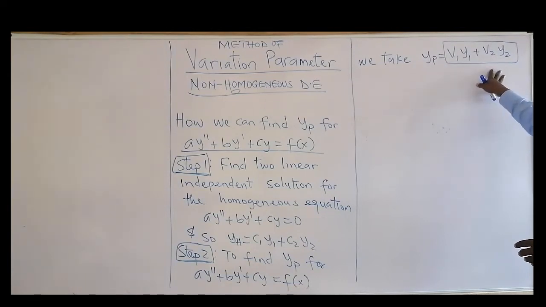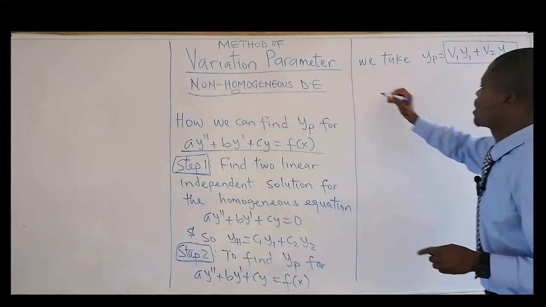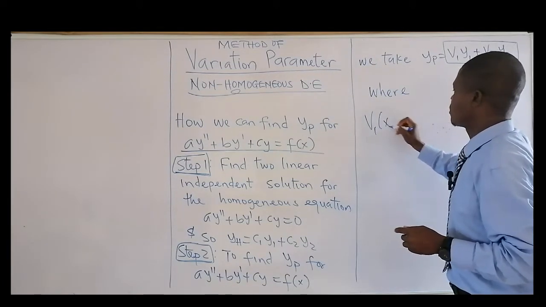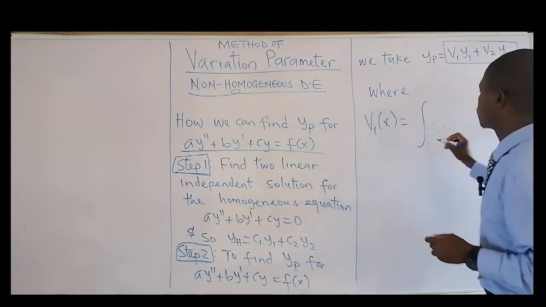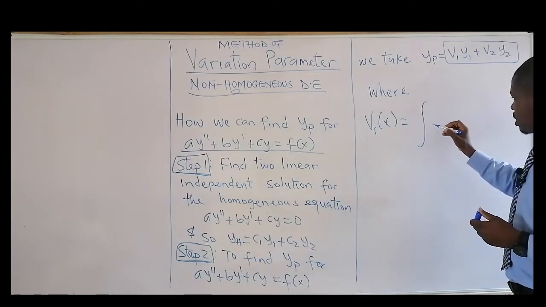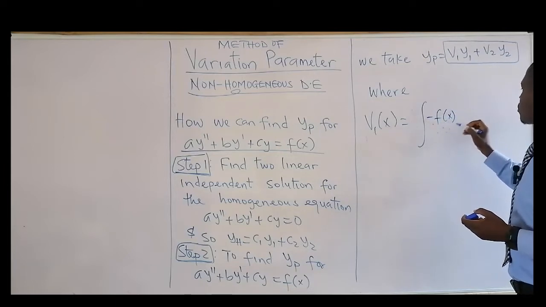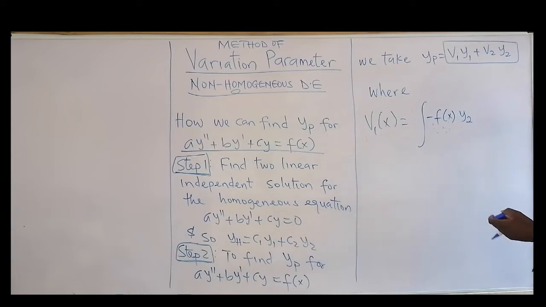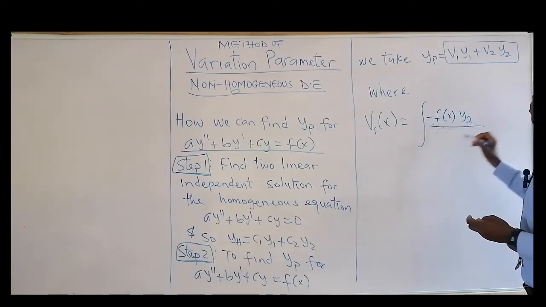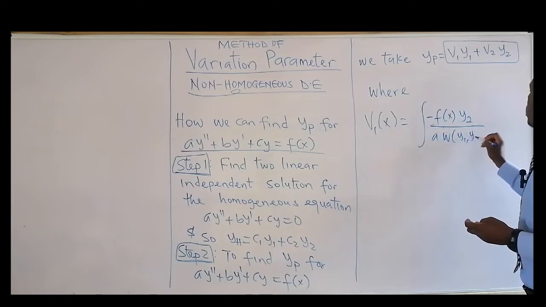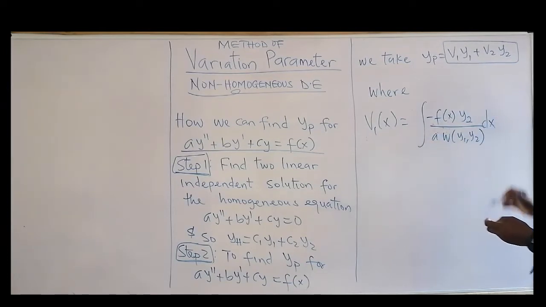It has this formula: v1 y1 plus v2 y2, where your v1 as a function of x is equal to the integral of minus f of x y2, all over a times the Wronskian of y1 y2, dx.